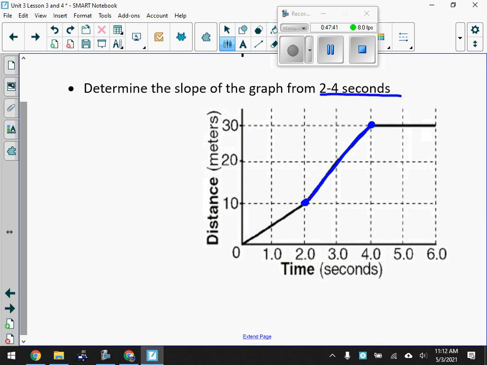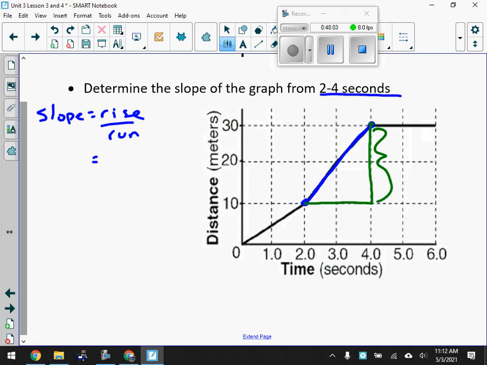So again, how are we going to do this? Well, we talk about the slope being the rise over the run. Now, I will give you both ways again here. If you want to talk about the rise, we have to make a triangle here, right? Boom, boom, like so. How much is this? This is the rise.